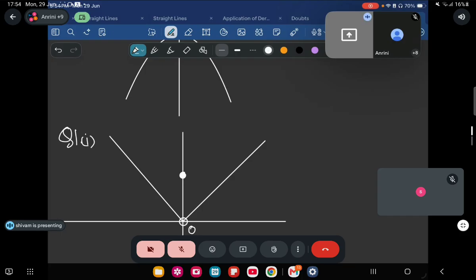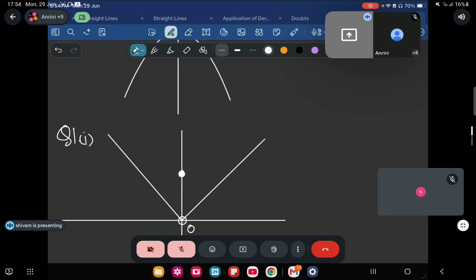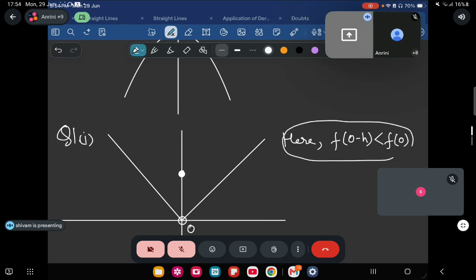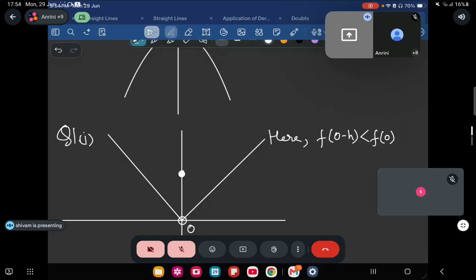Okay, so Onini, finally you are correct. Over here we are getting local maxima at x equal to 0. Why local maxima? You can see that f of 0 minus h is less than f of 0, and it is greater than f of 0 plus h.